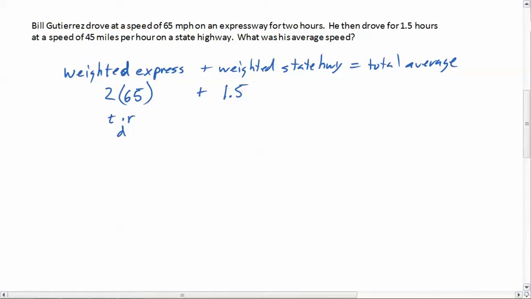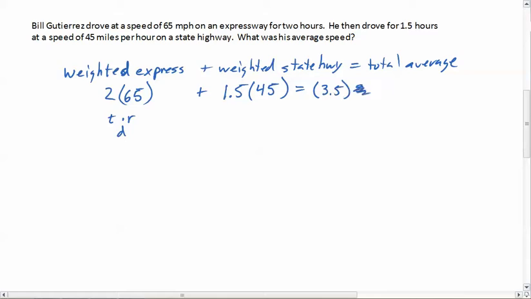Those are the weights because that's causing it to change, right? We're only doing 45 miles an hour for 1.5 hours, so it shouldn't count as much as the 2 hours that you're doing 65 miles an hour. So that's how this applies to the weighted averages. Now, this should equal the total weight, which is the total number of hours, so that would be 3.5 hours.